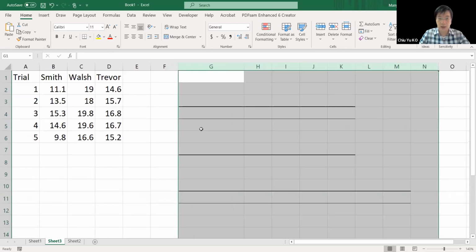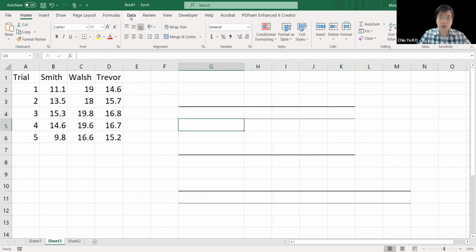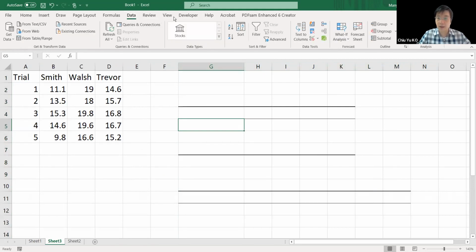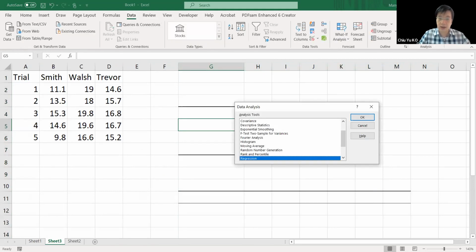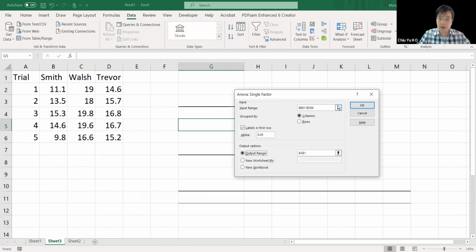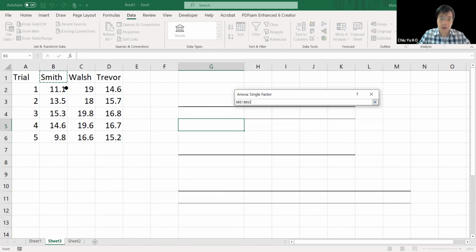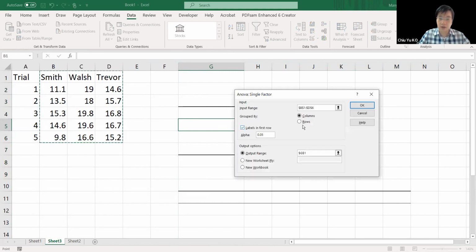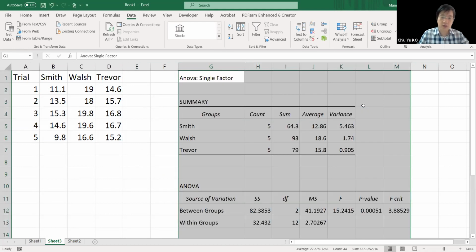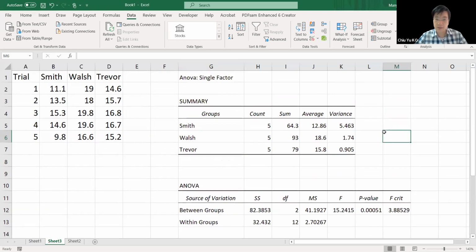Go to Data, then Data Analysis, then ANOVA: Single Factor, and select the data in the region, including the group labels, then click OK. If you worry about the description in the exam, just write down what I have said, or along that line, and you will be fine.